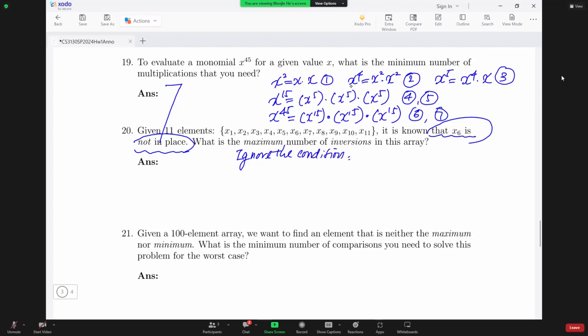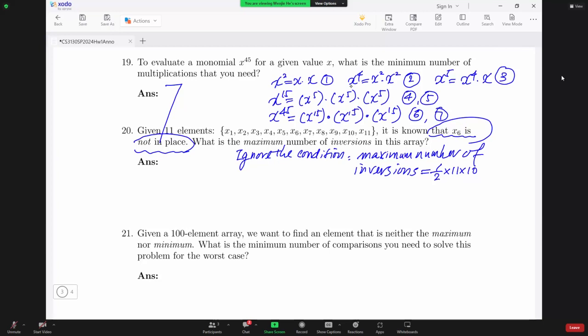Maximum number of inversions equals 1/2 times 11 times 10, right?